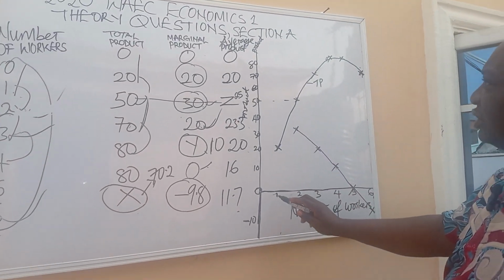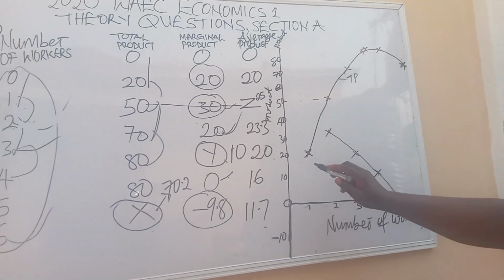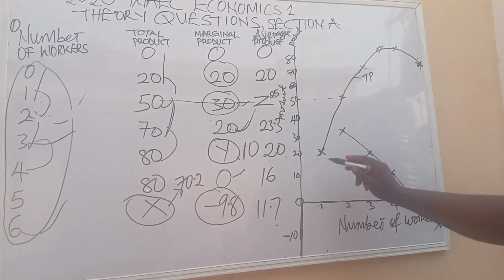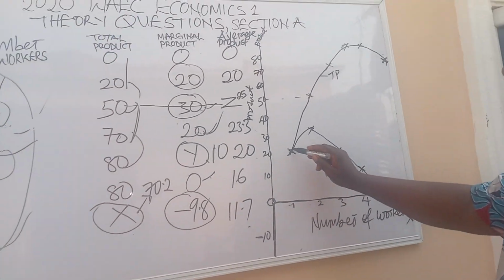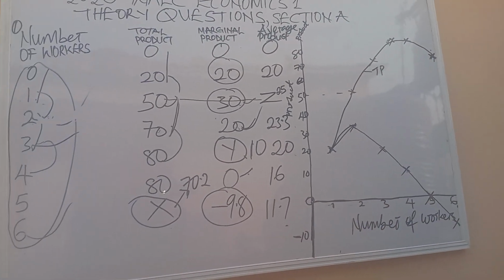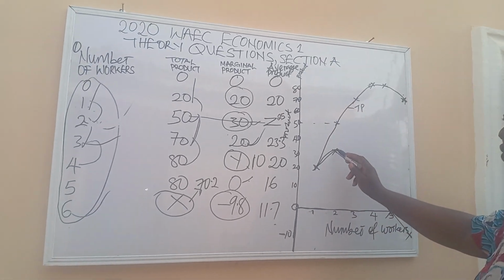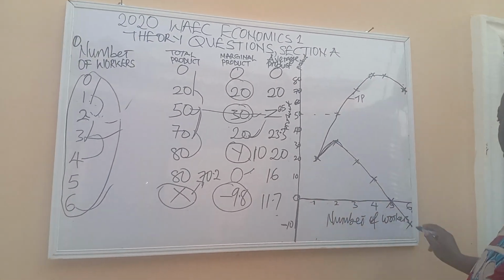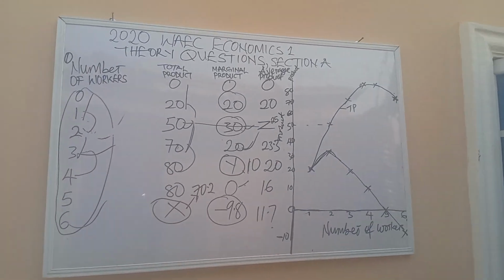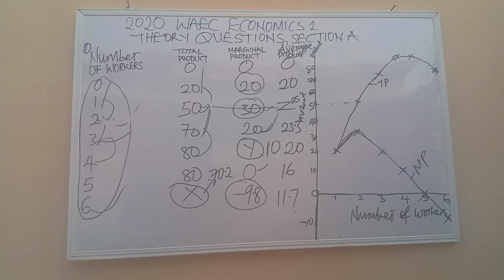When it is 1, marginal product is 20. So it will move like this. When it is 2, marginal product is 30. That 30 is this. This is 20. So it will move like this. So this is the curve. So this is marginal product. Do you understand? It's very simple.